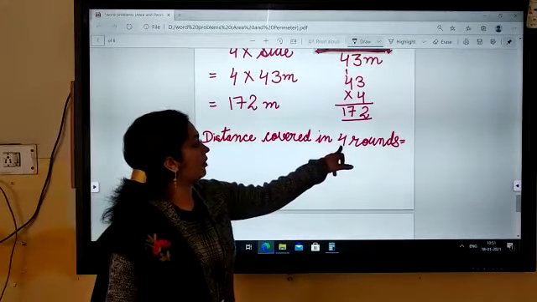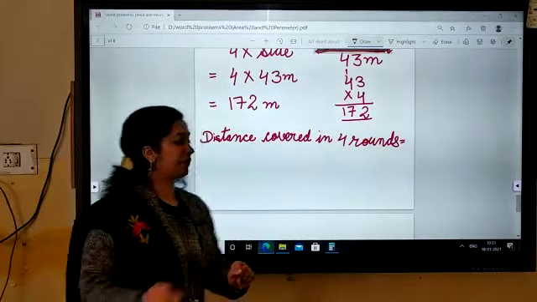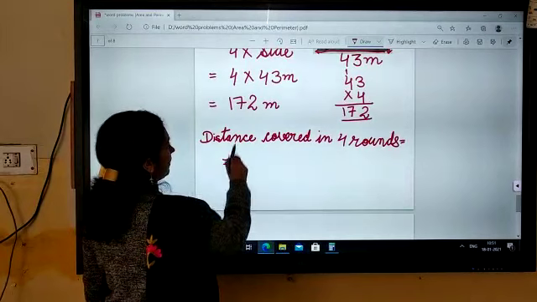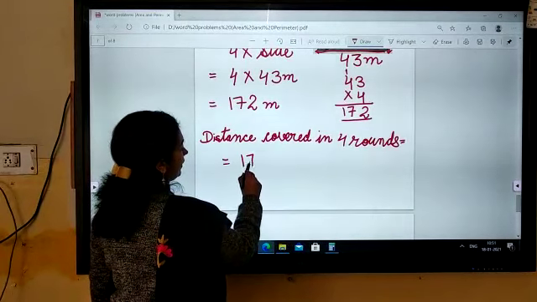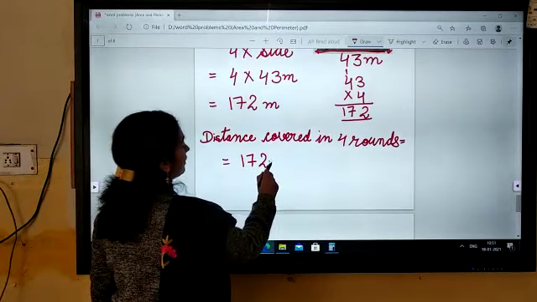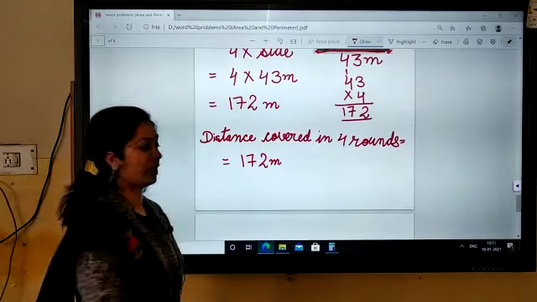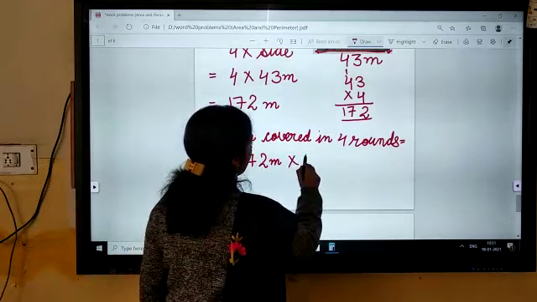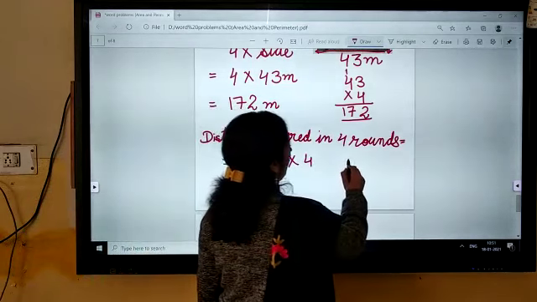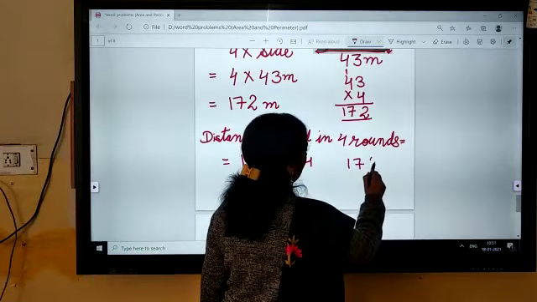So in 4 rounds we will multiply this distance that he is covering in first round with 4, because he is taking 4 rounds of that field.